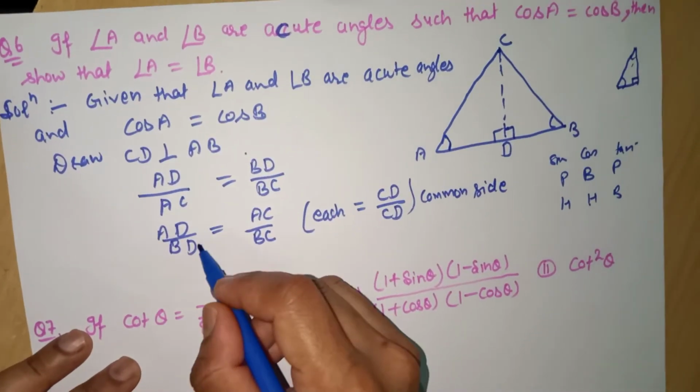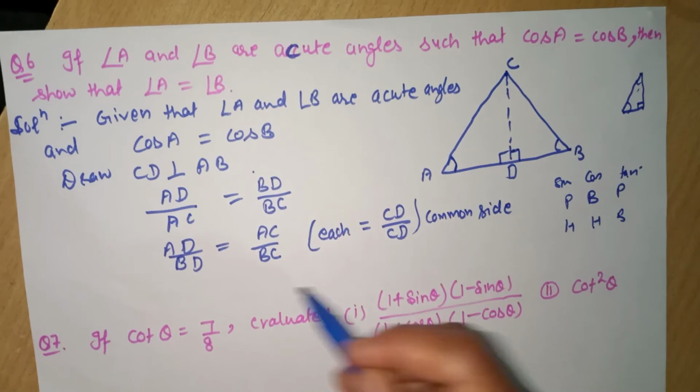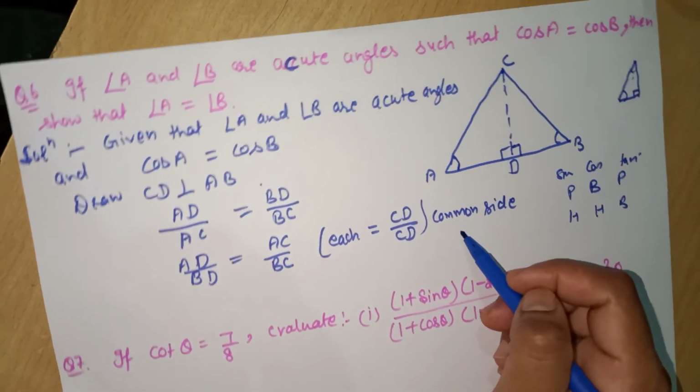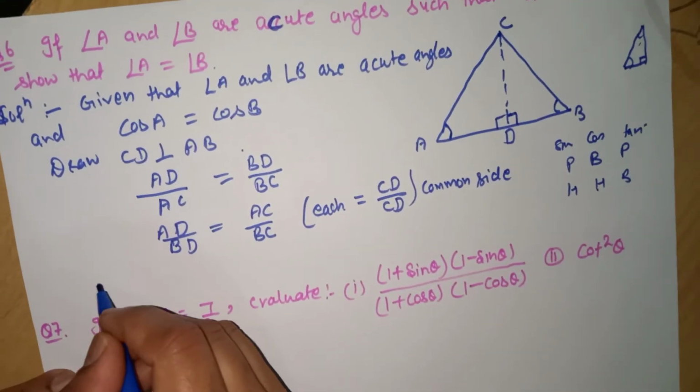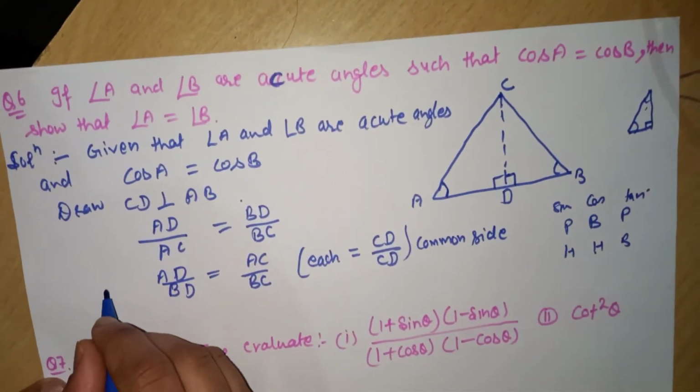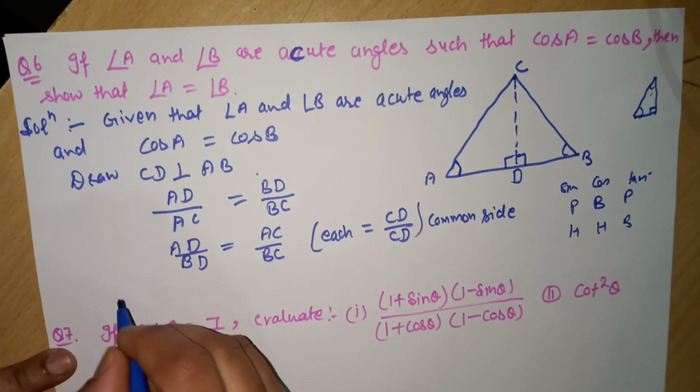So the ratios of the sides of the two triangles are equal. So by the side similarity criterion, these two triangles are similar.